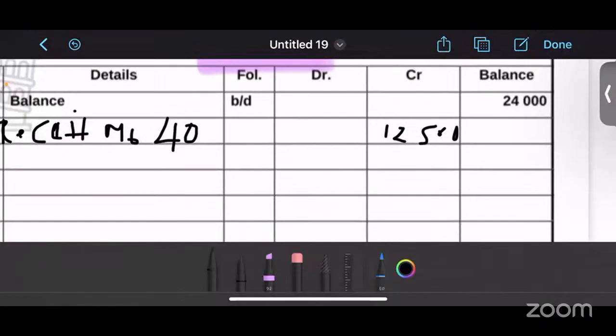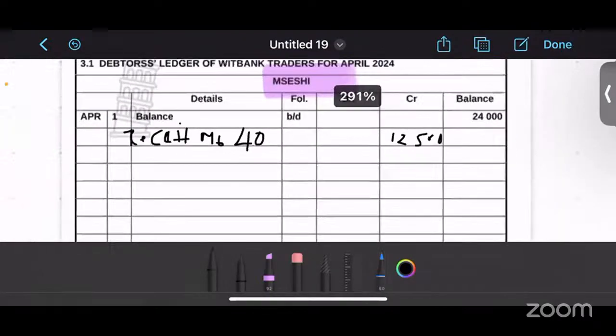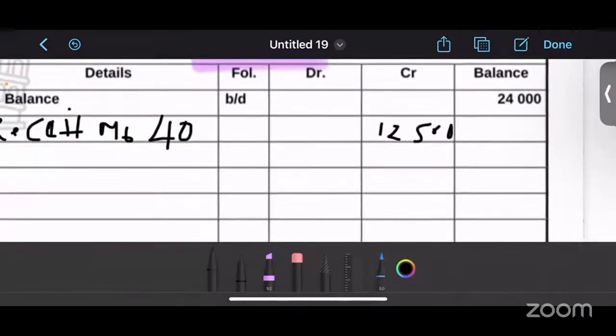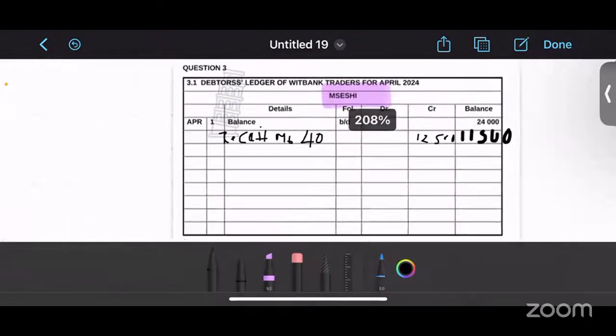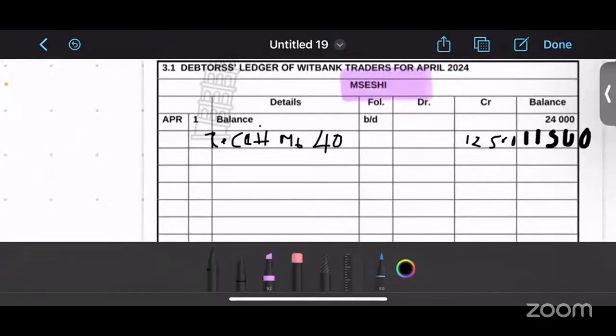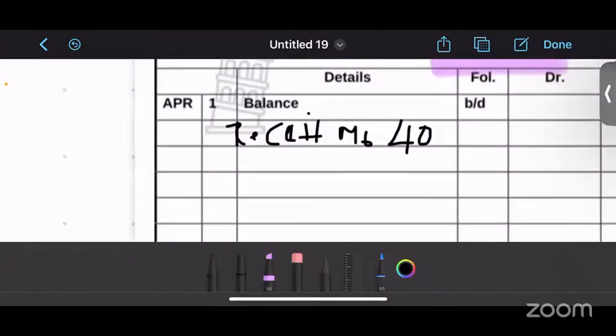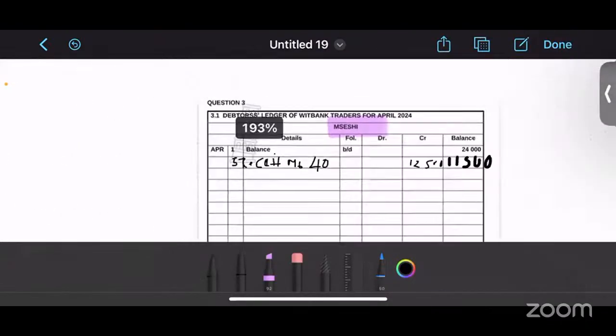And what's going to be the balance now? 11,500. 11,500. Okay, and this is 5 April, okay? So we're going to have our little 5 there.